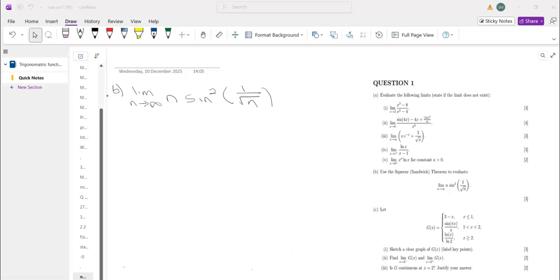So let's use the inequality that says sine x over x is less than or equal to 1 and is greater than or equal to cos x, and this is for x between pi and 0, right?